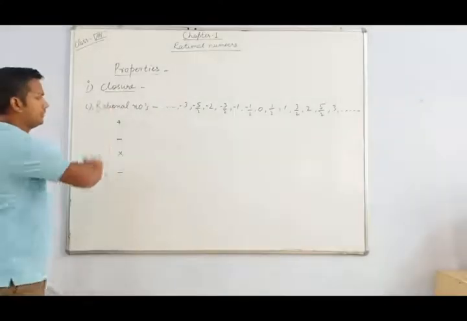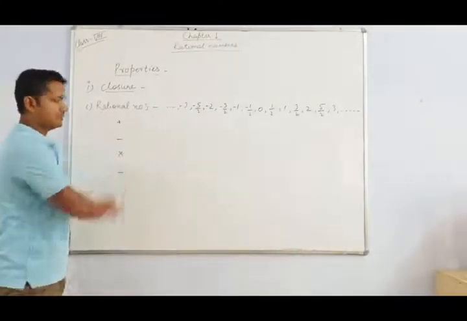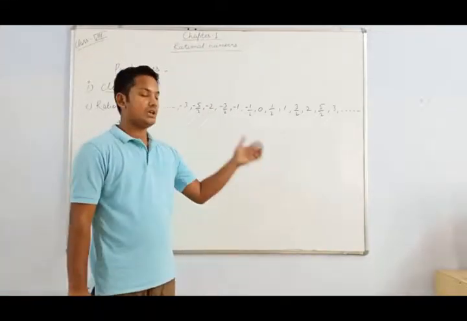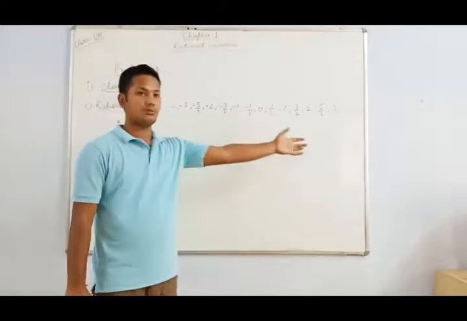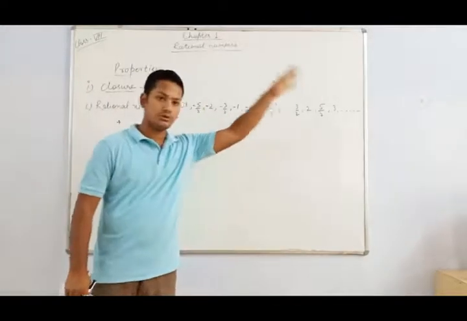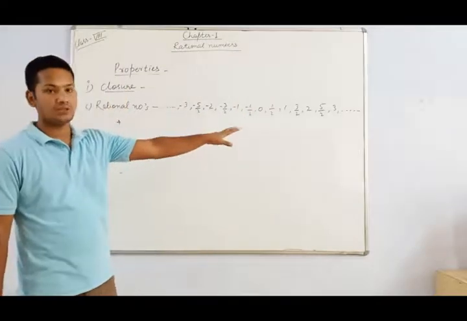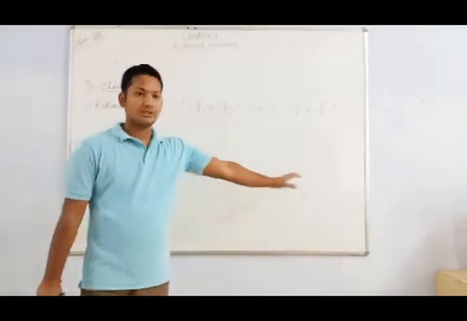The same thing, the closure property, we will be checking for the rational numbers as well. What are the rational numbers? Integers and other fractional numbers like half, 3 by 2, 5 by 2, and not only these, other numbers as well. They will be called rational numbers.